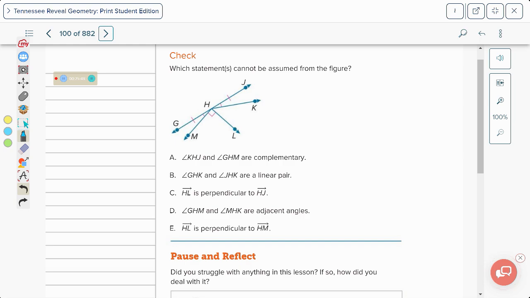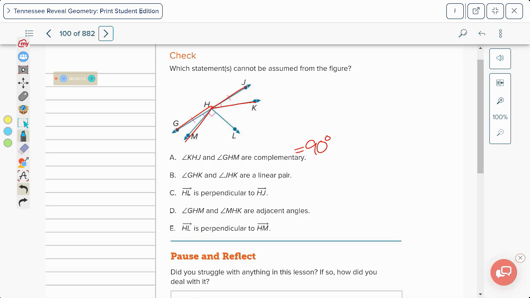So the first statement says angle KHJ and angle GHM are complementary angles. So can we assume that? Is there anything they're telling us that when we add them together, they will equal 90 degrees?